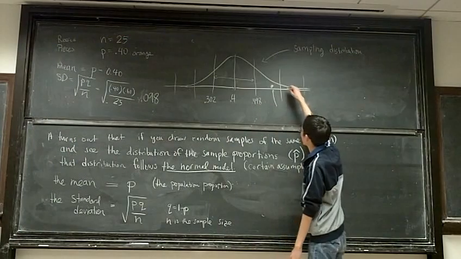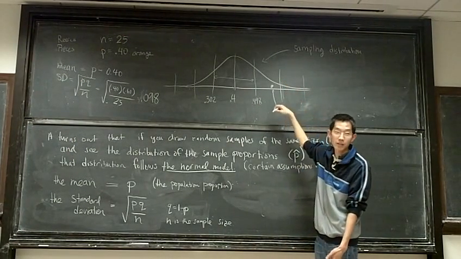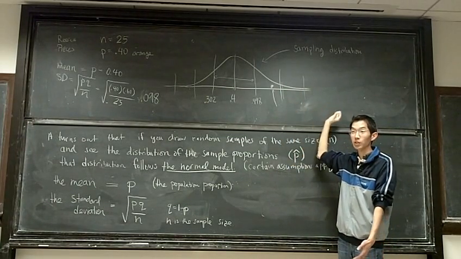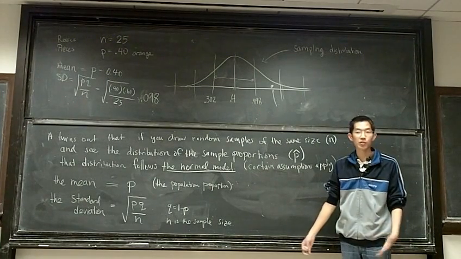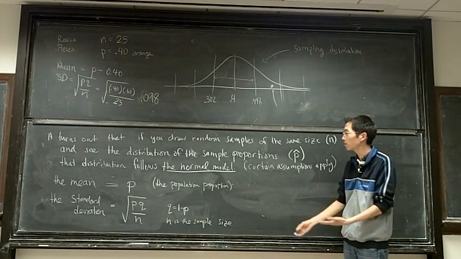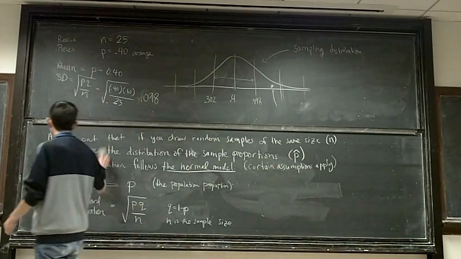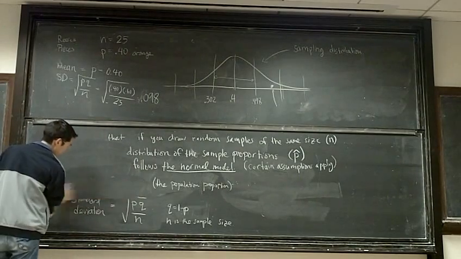And you can find that just by changing it to a z-score, and you find the percentage that's higher, okay? And that would be the approximate proportion of samples that have that proportion or higher, okay? We'll have some example problems that get into it.